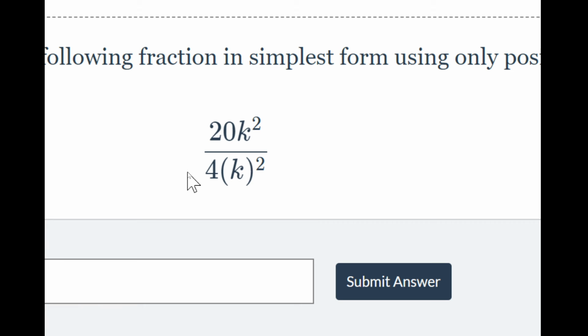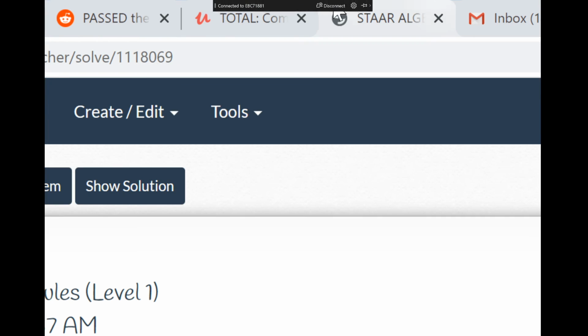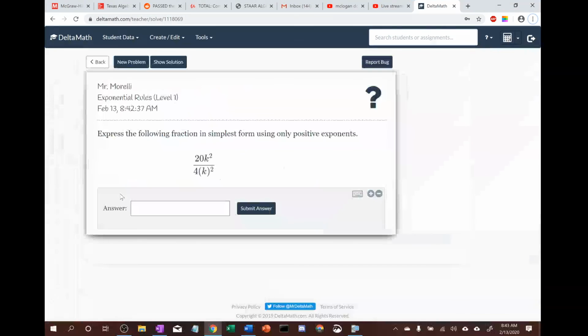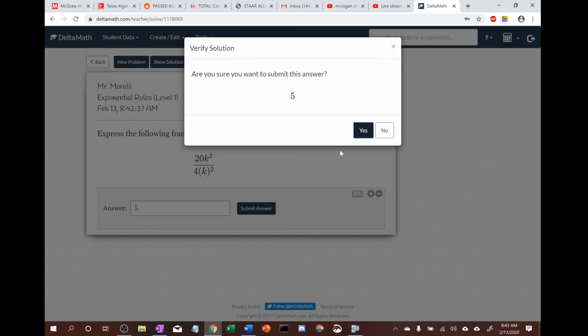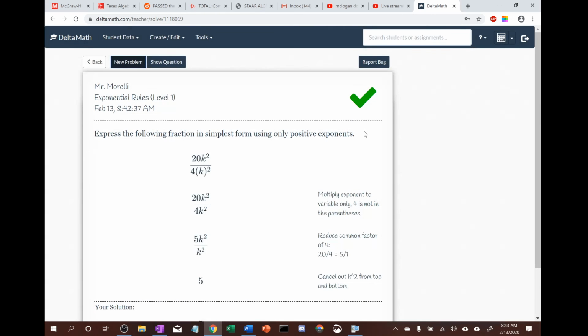You can get a k squared out of that, can't you? Because you distribute that 2 to the k. Okay, let's see if you got the answer right. Watch it be wrong.